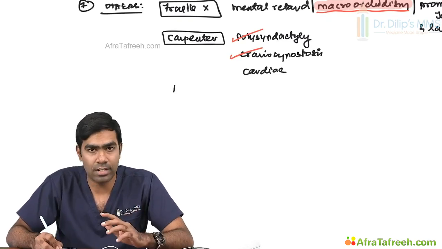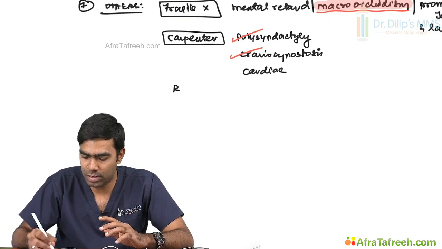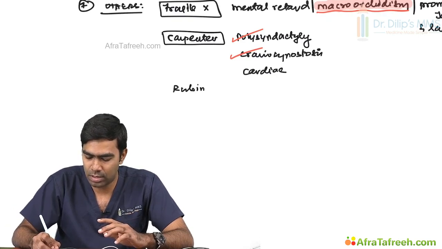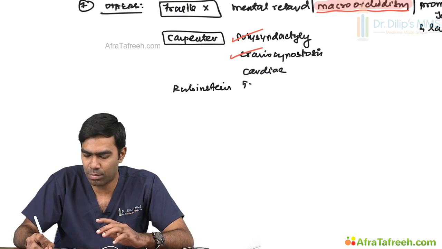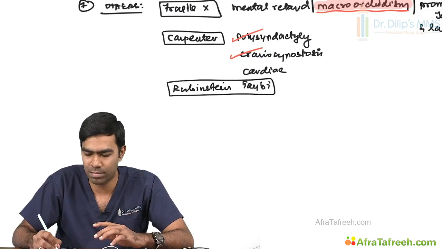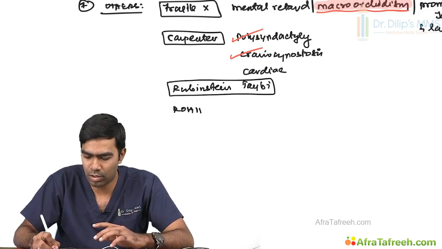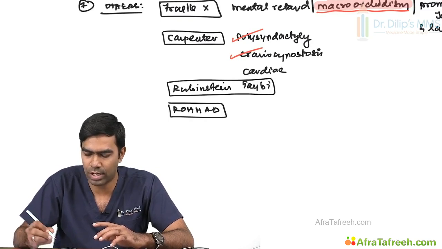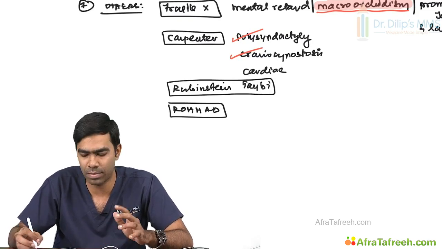And you have other rare syndromes like Rubinstein-Taybi syndrome, which is not important for exams. Just for completion's sake, I'm mentioning these names. And you have another disease called ROHHAD, which also can cause obesity, and the underlying genetic problem is unknown.